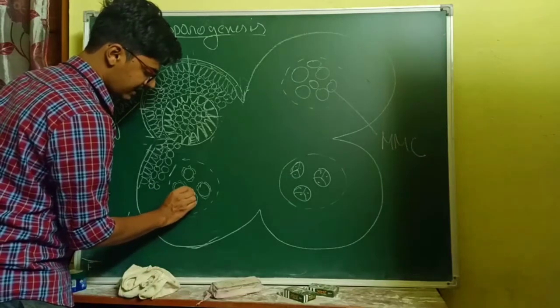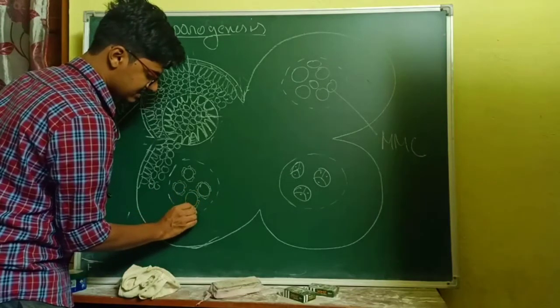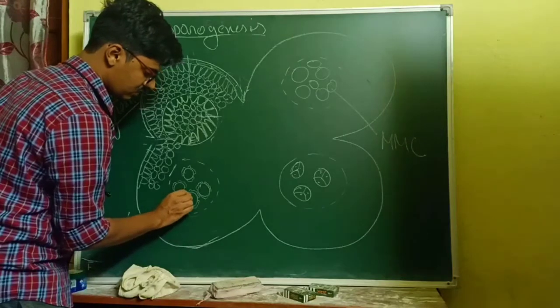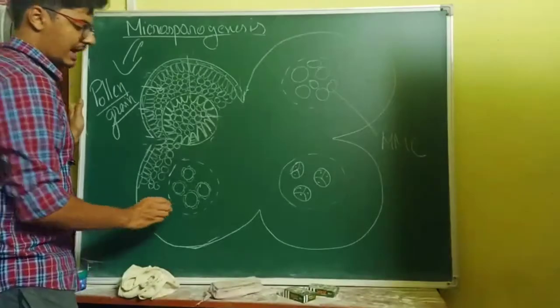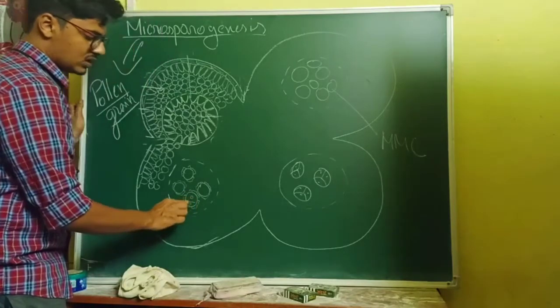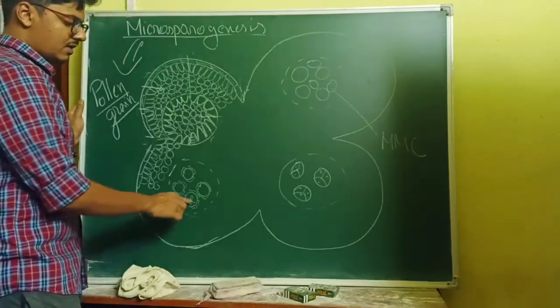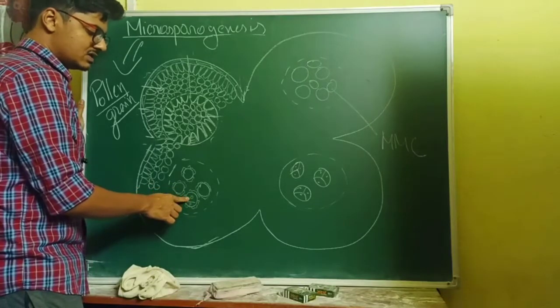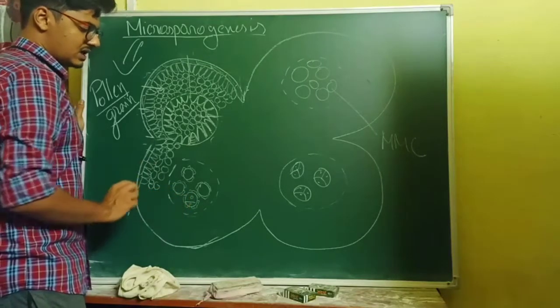How it will arise, we will see when we study fertilization. This is a two cell stage, one cell up, one cell down. The upper, bigger one is the vegetative cell or tube cell, and the lower one is the generative cell.